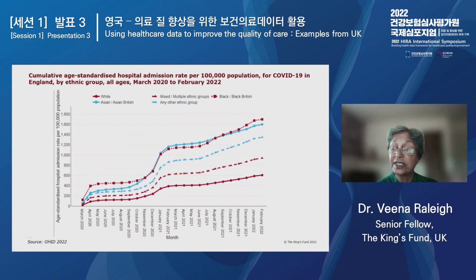So they had a much greater exposure to infection than the white population. They're also poorer. They live in higher density housing in urban areas where the transmission of COVID infections was greater. So we were able to see that ethnic minorities are at much higher risk than the white population.